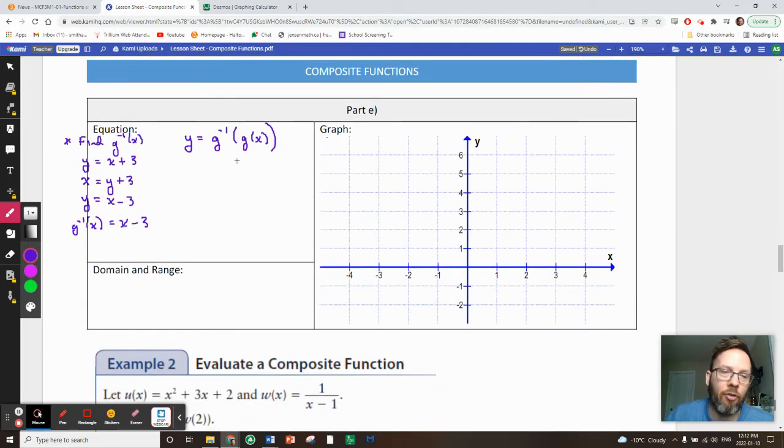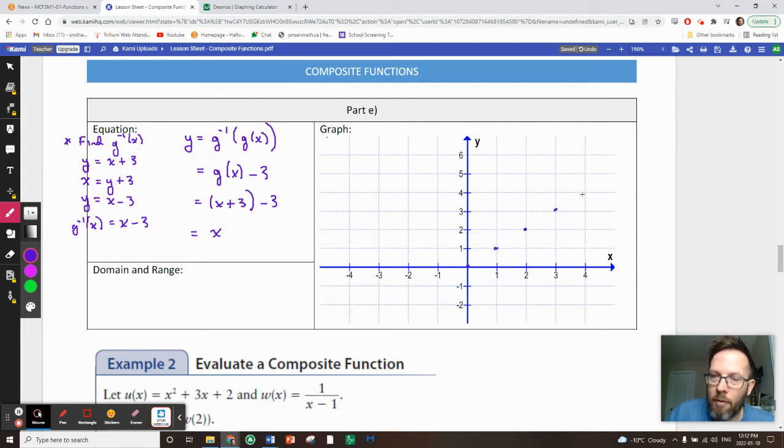So the inverse function is x minus 3. So that means we're doing g of x minus 3, which is just x plus 3 minus 3, and we get x, which is actually very interesting. This is just the basic linear function.